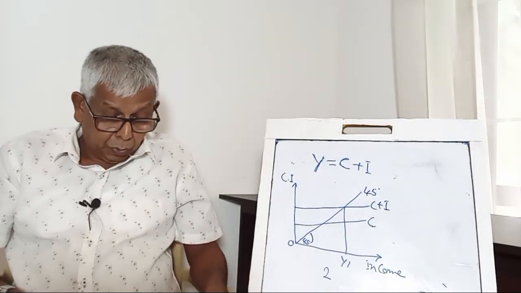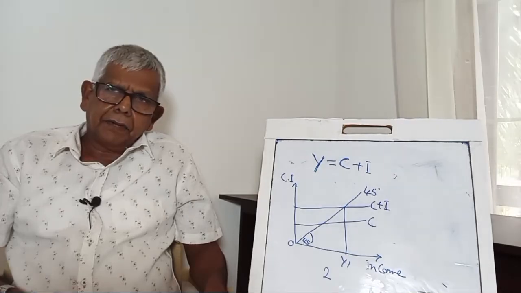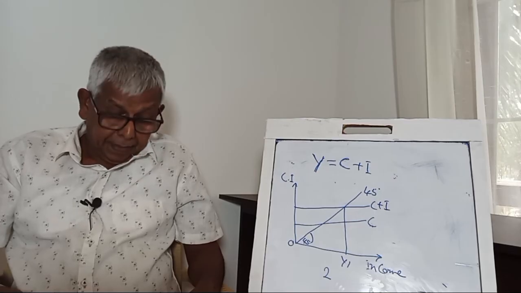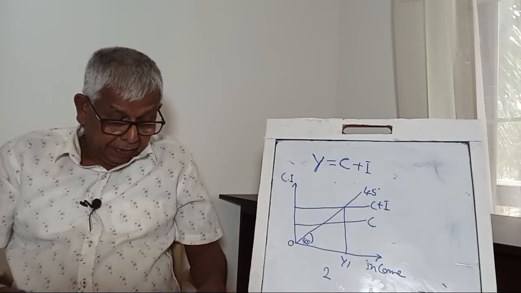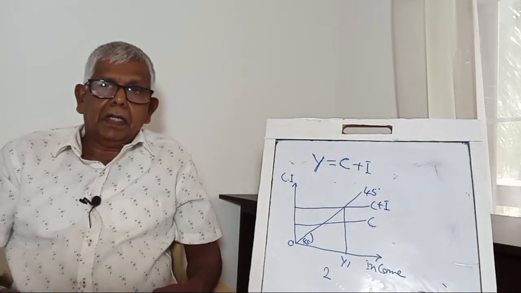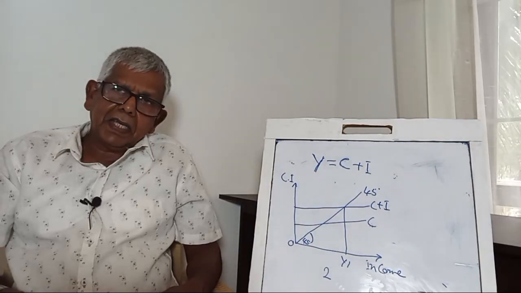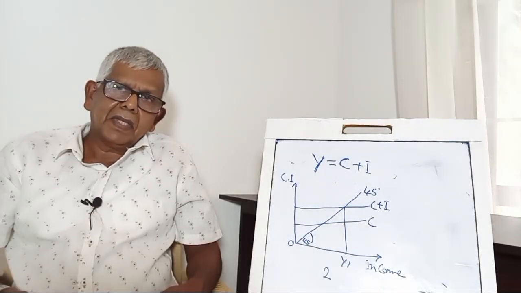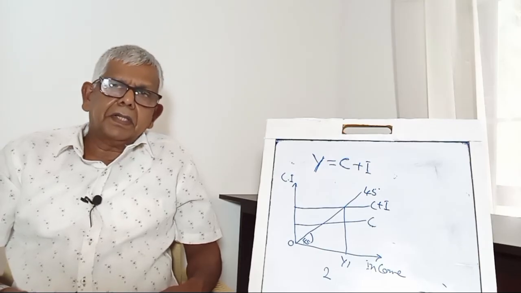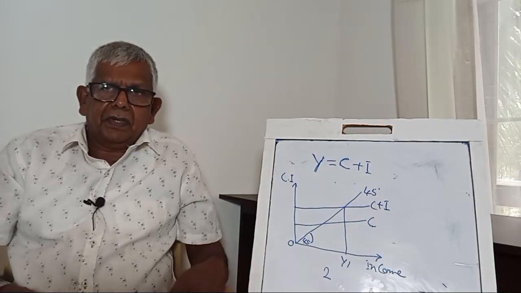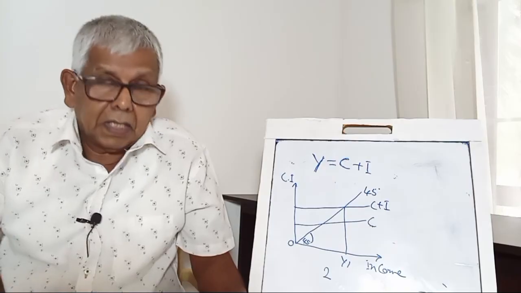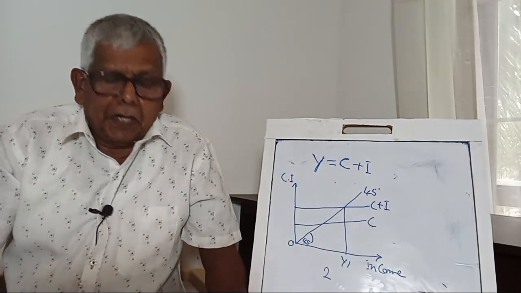In figure 2, the 45 degree line refers to the aggregate supply function and the C plus I line: C equals consumption expenditure, I equals investment expenditure.